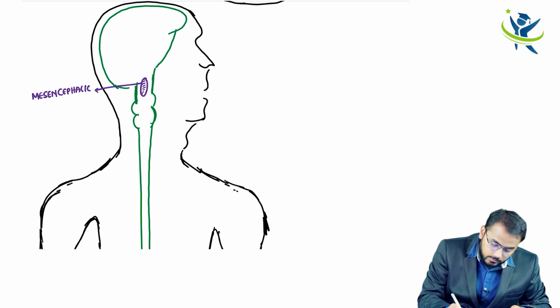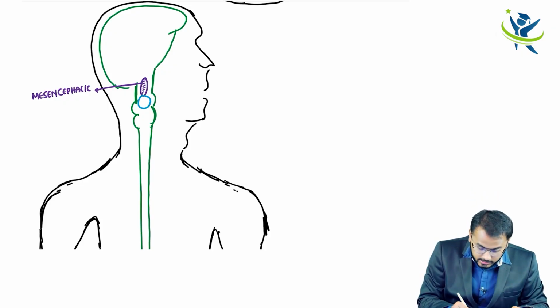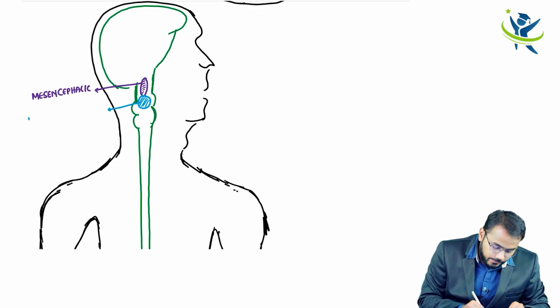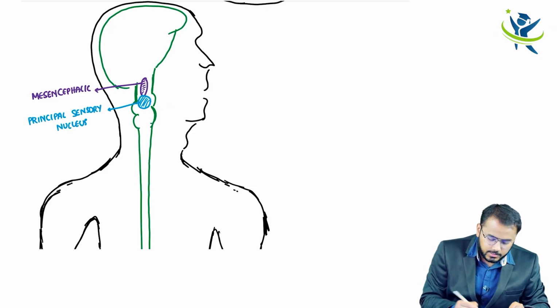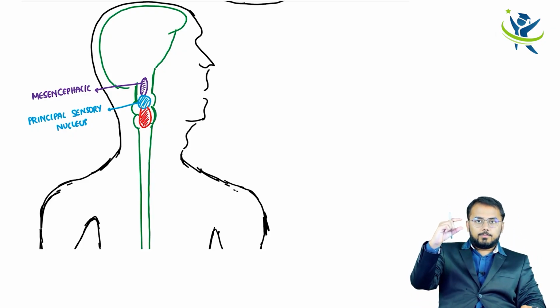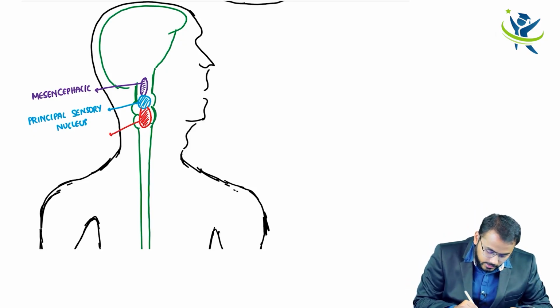The second important thing, you have the next nucleus in the pons, called the principal sensory nucleus. And the third important thing is that you have a third nucleus attached to it in the medulla oblongata. So one nucleus in the midbrain, second in the pons, third in the medulla oblongata, and this is called the spinal nucleus.